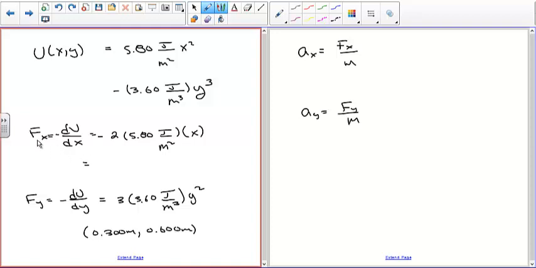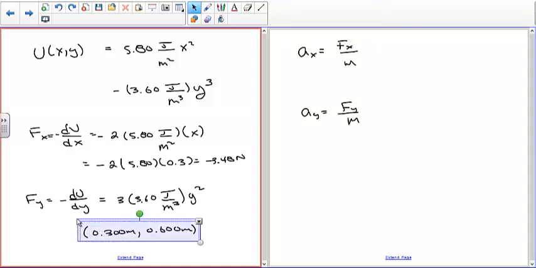So to find the force in the x direction, we have -2 times 5.80 times x, which is 0.3. And the units will work out to be newtons. So we have -2 times 5.8 times 0.3, which is -3.48 newtons. And down here, we'll plug in 0.6 for y.